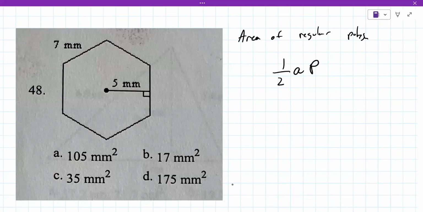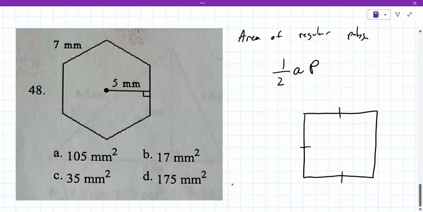Okay. So let's use a really simple thing like a square. Let's say it's got a side of 10. The apothem is 5. We know the area of a square is 10 times 10, 100. But if you take the perimeter, which is 40, times 5, 200, cut it in half, it's 100.